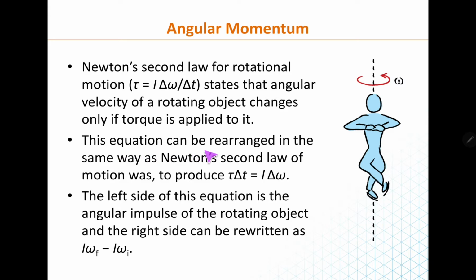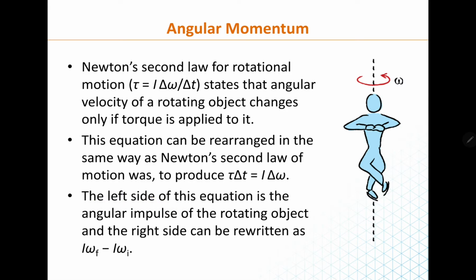This equation can be rearranged in the same way as Newton's second law of motion was to produce torque times delta t equals I delta omega. This equation is exactly the same as this equation.